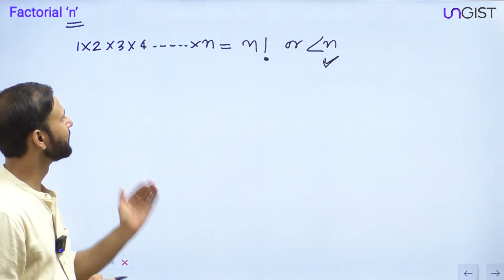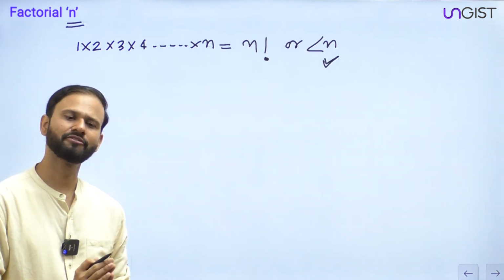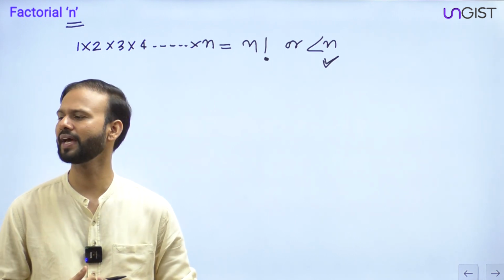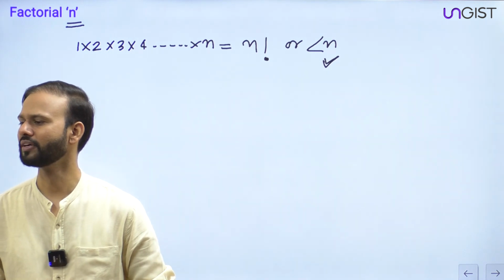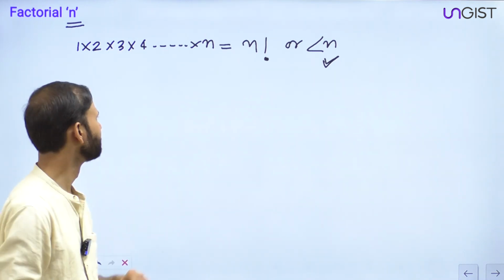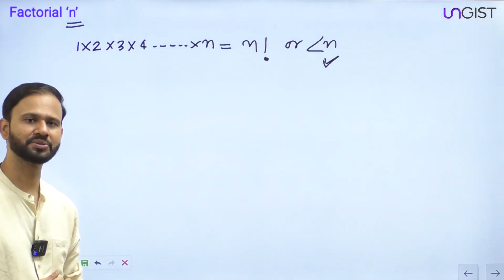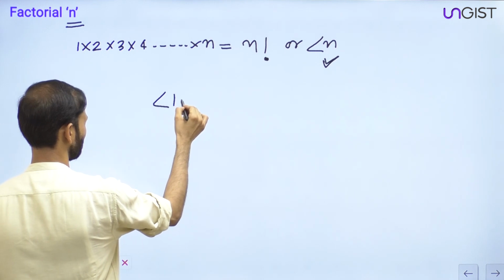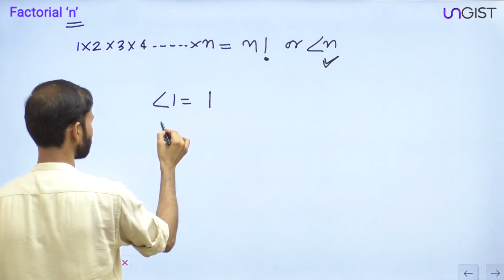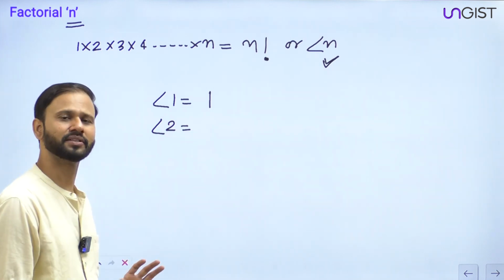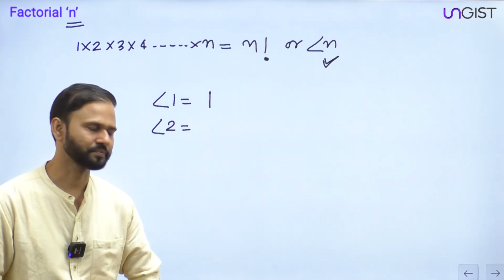So factorial n is the product of first n natural numbers. I repeat, factorial n is the product of first n natural numbers. Now factorial 1 is 1, obviously 1 into nothing.